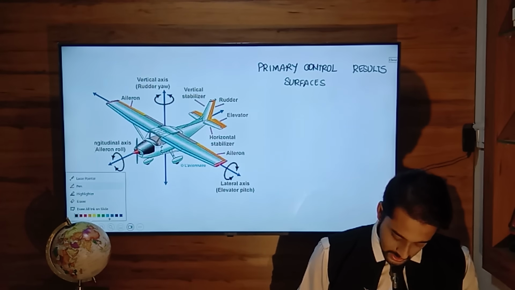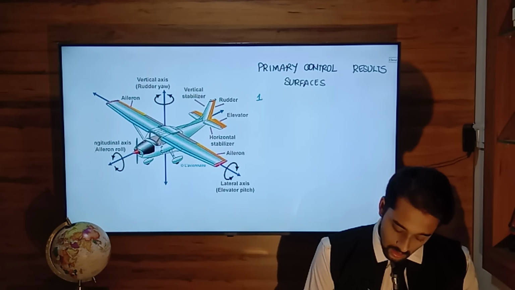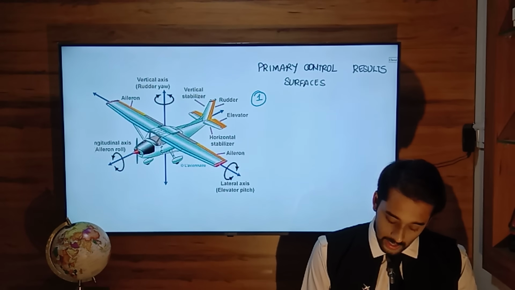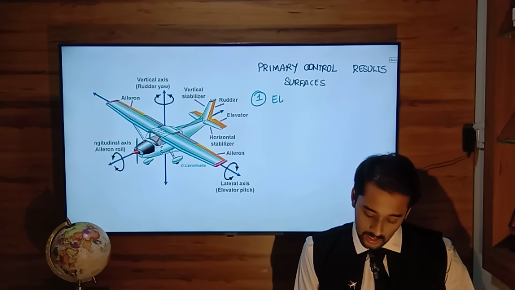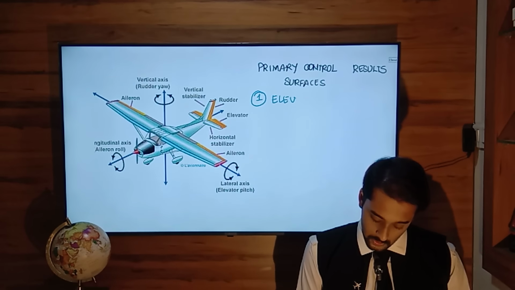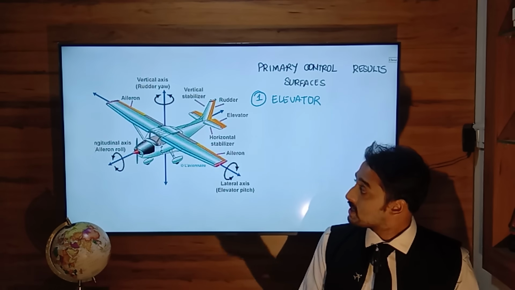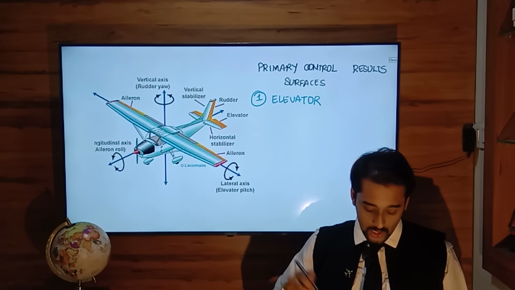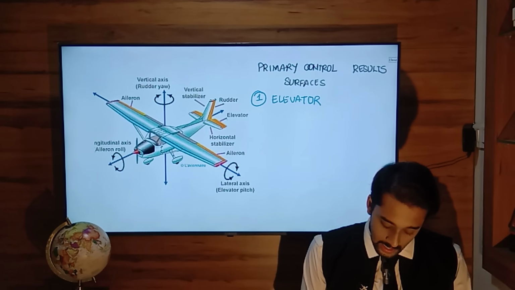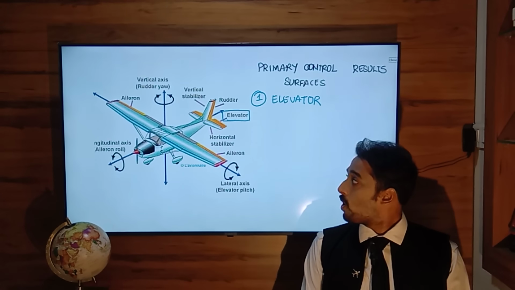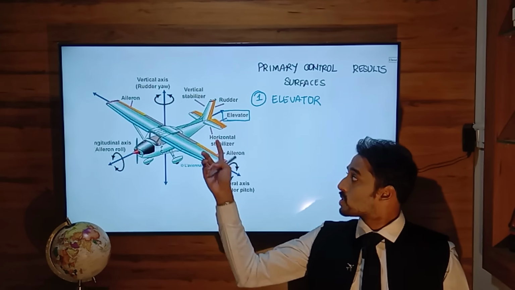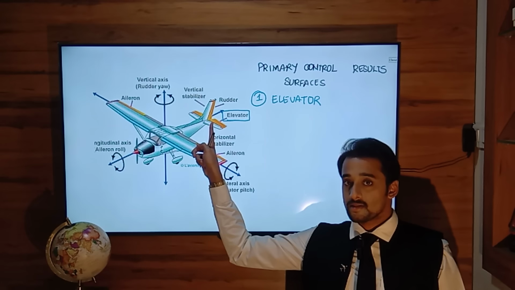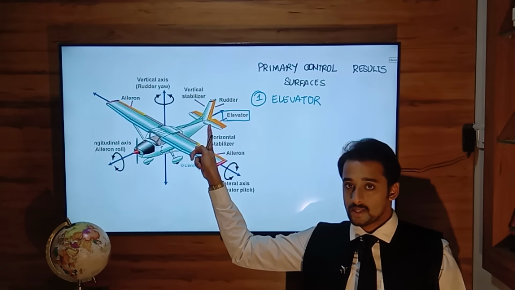So first one is your elevator. Now you can see the elevator is on the trailing edge of the horizontal stabilizer. This portion, these small wings, are called horizontal stabilizers.